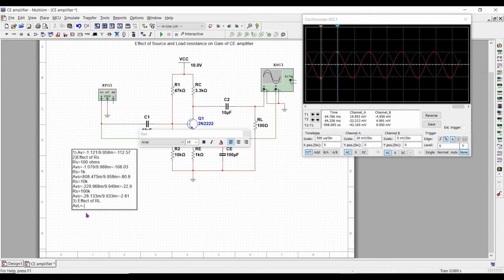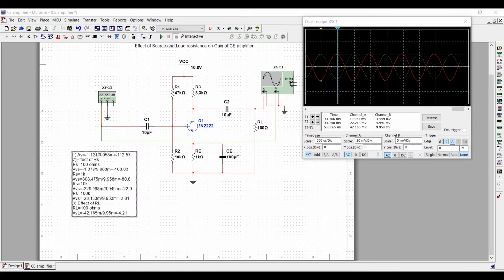So minus 42.165 divided by 9.95. The answer is approximately minus 4.21. So gain is reduced to minus 4.21.